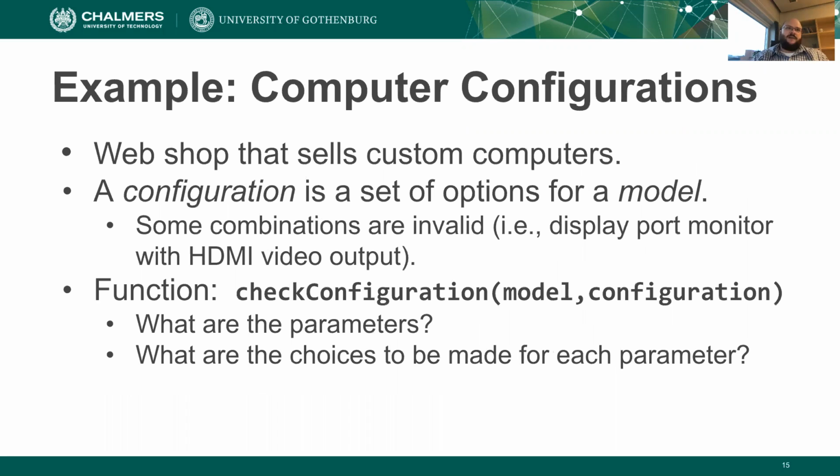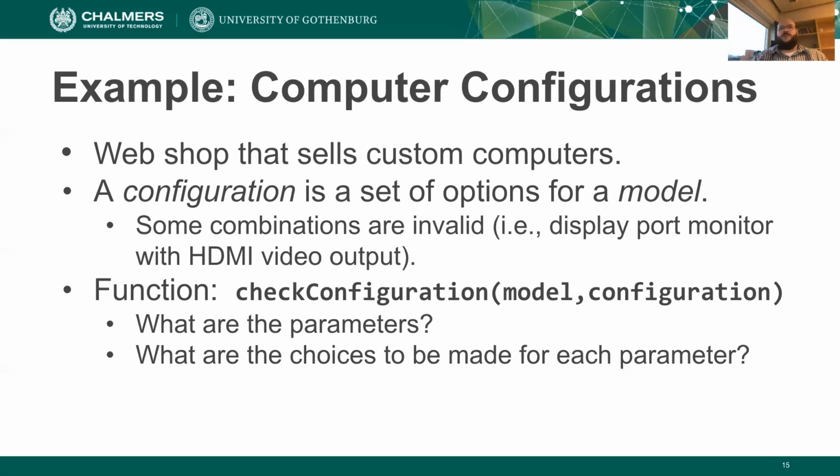So let's talk about an example of this. We have a web shop that we're building that sells custom computers. And on the shop, we form configurations. Those are a set of options chosen for a computer model. Oh, and some of those combinations are invalid, like you choose a DisplayPort-based monitor and your computer is HDMI video output, right?